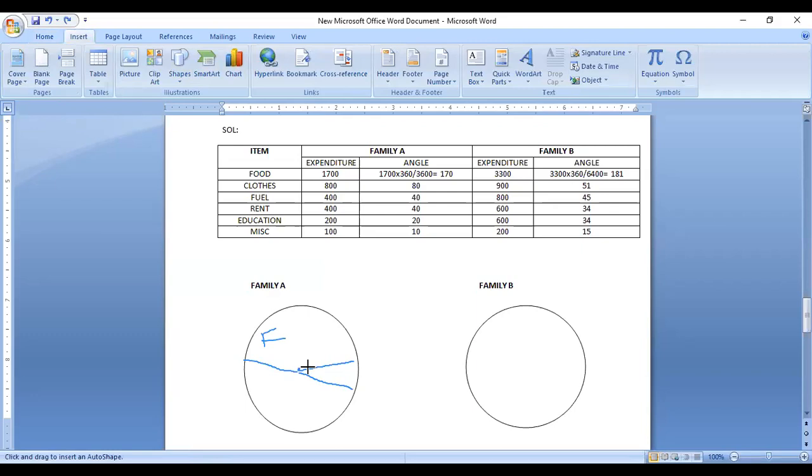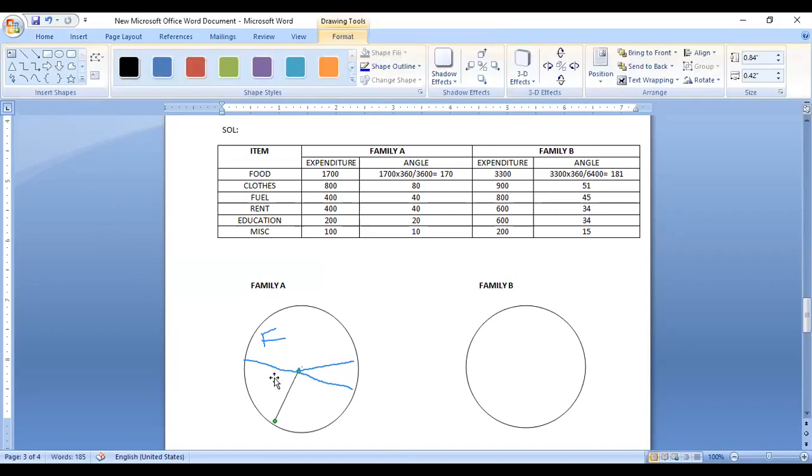Then next, miscellaneous I have taken. Then clothes. With the protractor we have to measure actually. Now I am approximately drawing this. Please remember I am approximately drawing this. Next.